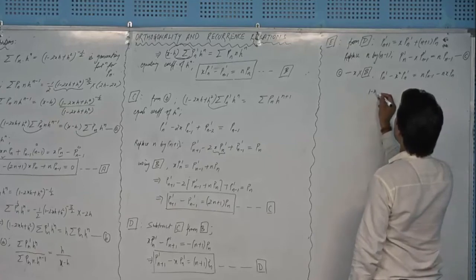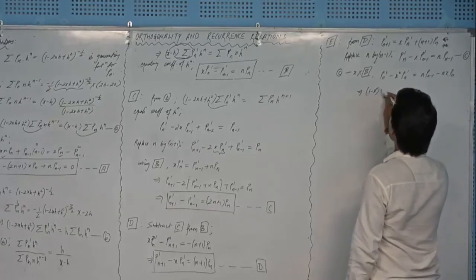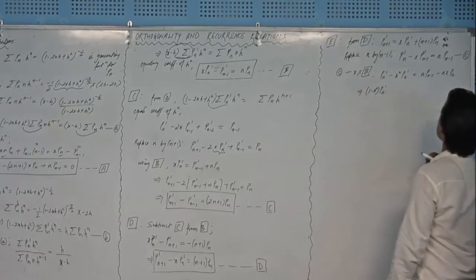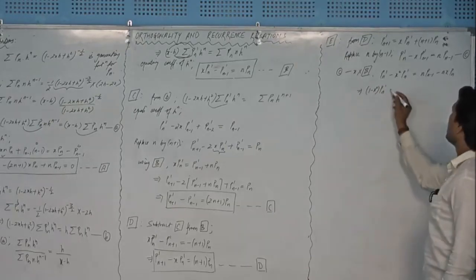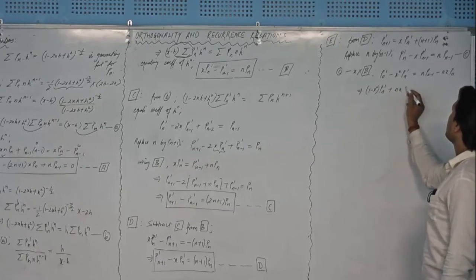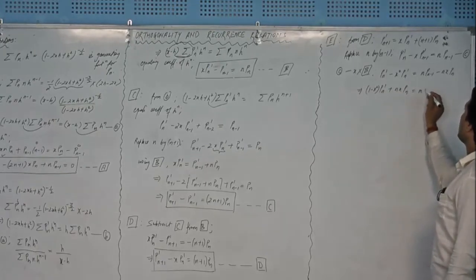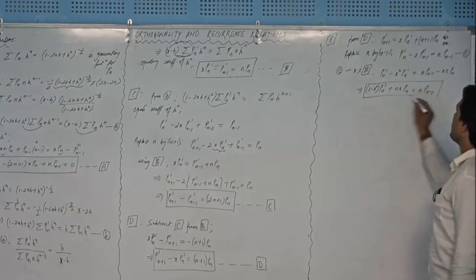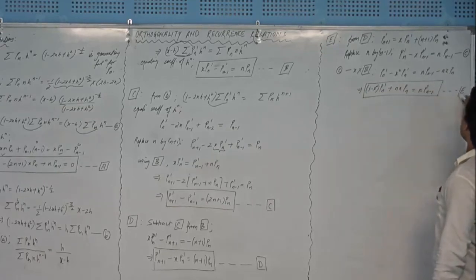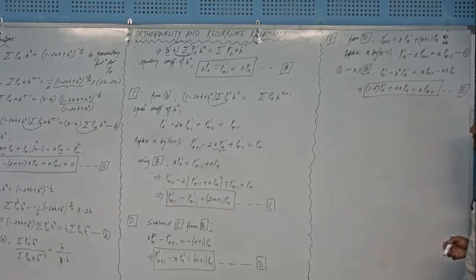So it will give you (1 minus x squared) Pn' plus nx Pn equal to n P(n-1). This is the fifth recurrence relation, E, right?